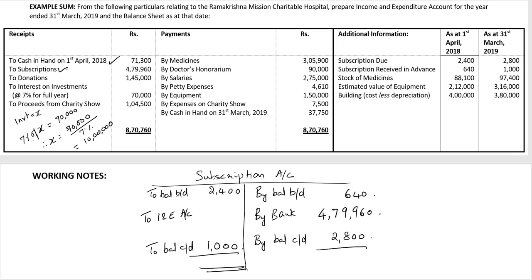Let's balance it. The credit side has a greater total. ₹4,83,400 is the greater total.